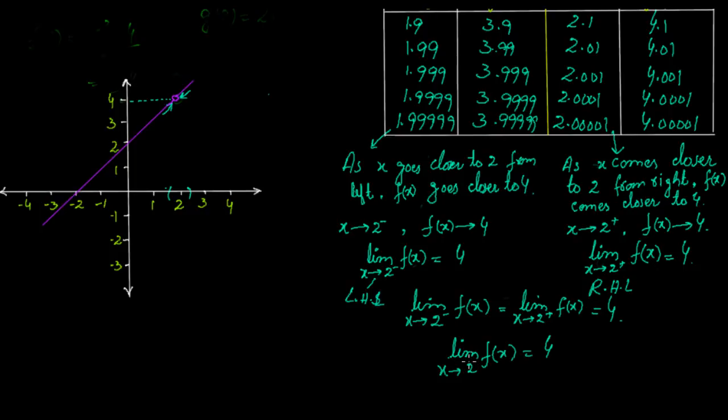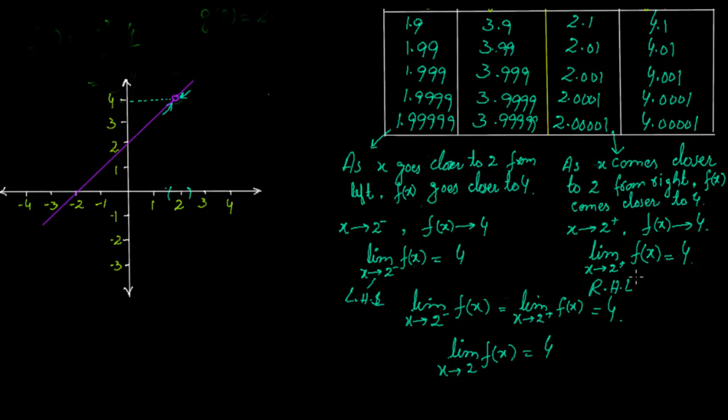So when we say limit at any point, here 2, exists, it is when the left hand limit of f(x) at that point is the same as the right hand limit of f(x) at that point, where the left hand limit is whenever x goes to that point from the left, f(x) comes closer to some point, and similarly the right hand limit.